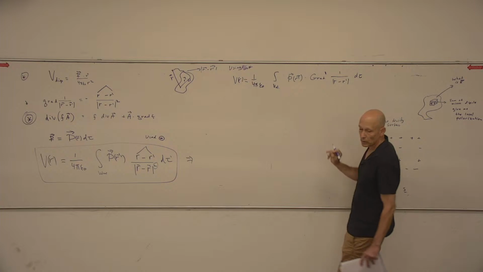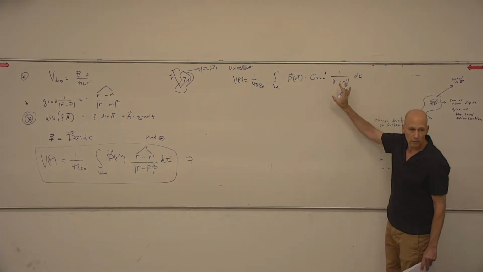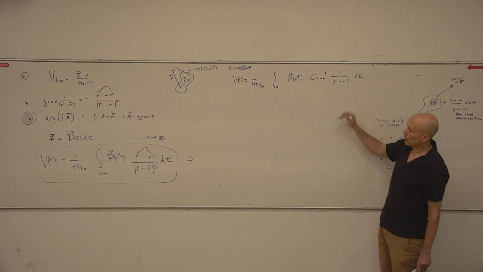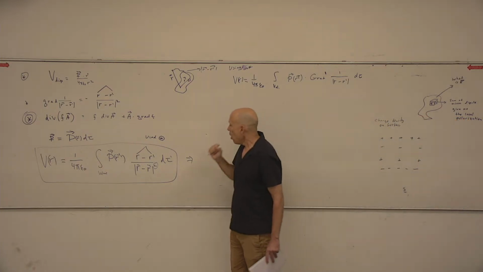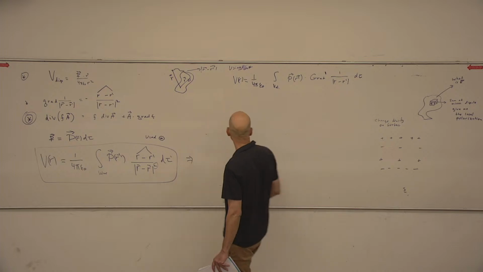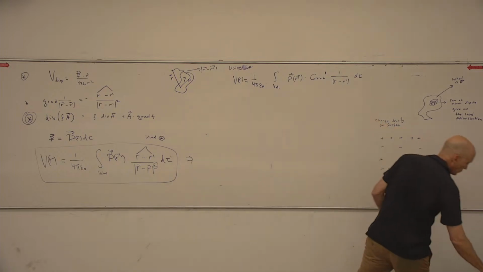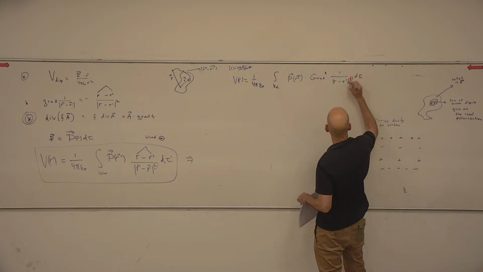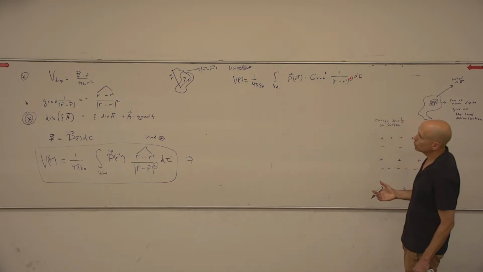Now I'm a little bit happy because this is Coulomb for me. Now it's to the power 1. But there is this damn grad here. So what do I need to do?